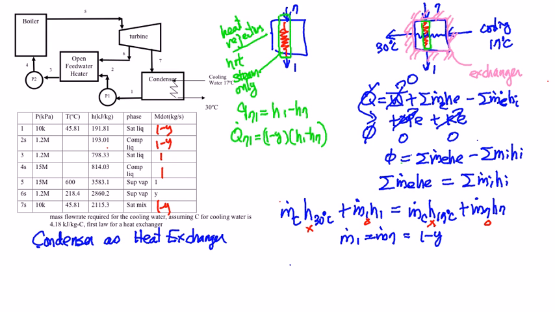And watch. As I collect my mass flow rates, m dot C times the enthalpy difference from 17 degrees C to 30 degrees C. We know m dot for 1 and 7 is 1 minus y, right?